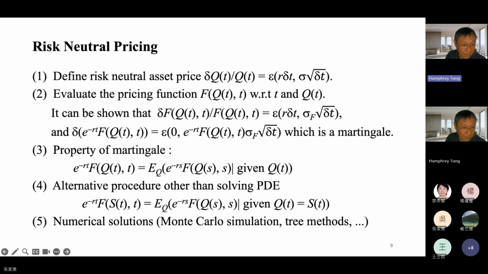Which means what you see at time t regarding the risk neutral underlying asset price, if you let it random walk and then work out the average, because everything will be random, since this is also a random process, later on if you work out this same quantity and take the average, it will be exactly what you see at time t. So at time t you see q of t, and this is what you see today.